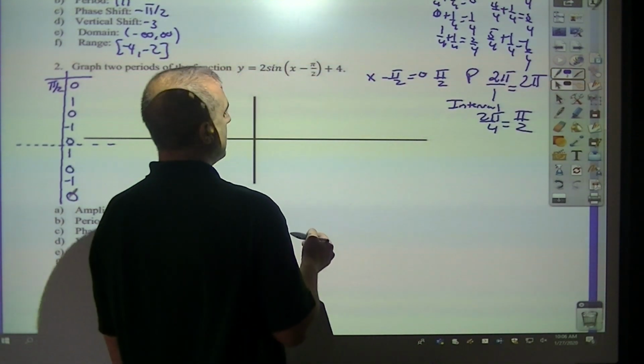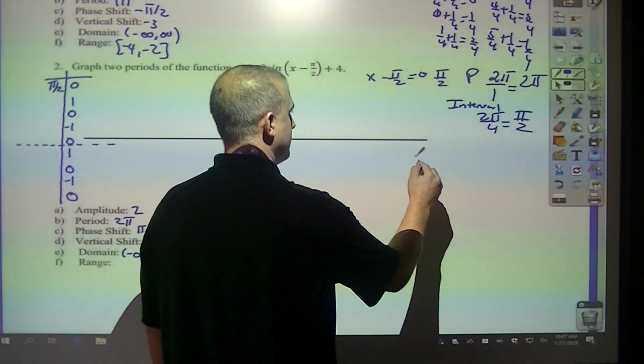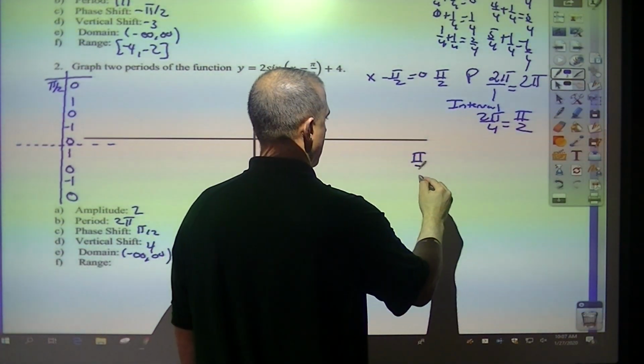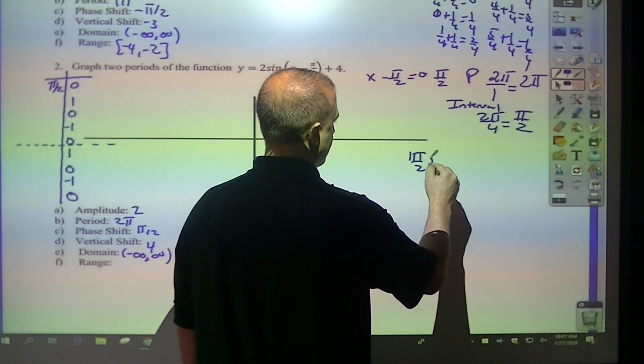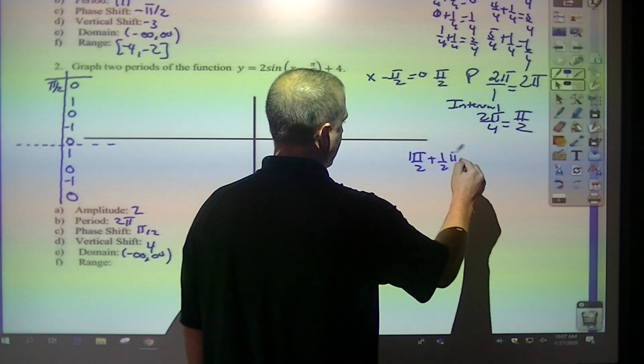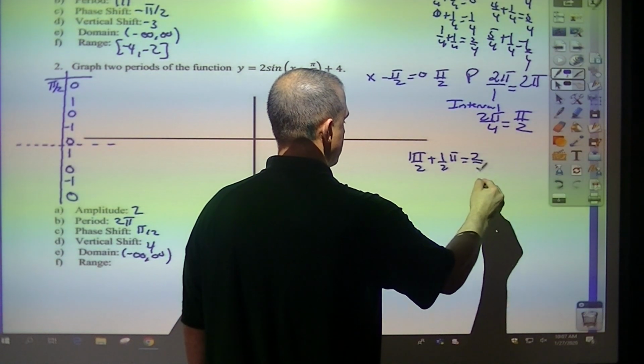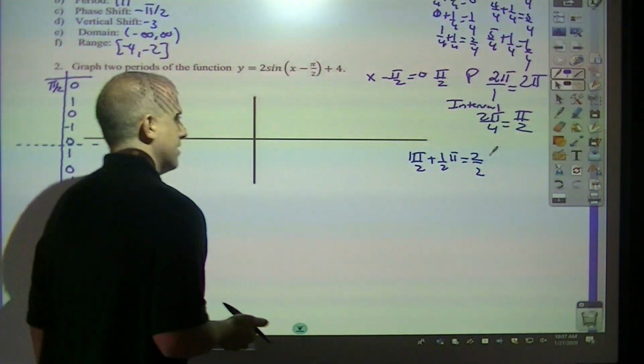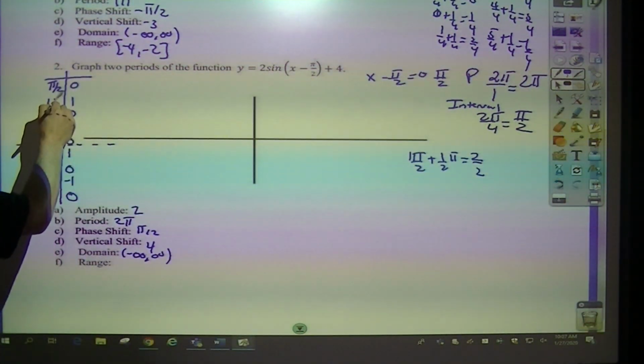All right, so I'm starting at pi over 2, which is really 1/2. So I'm going to add 1/2 pi and 1/2 pi, which would give me 2 over 2, which would be 1.